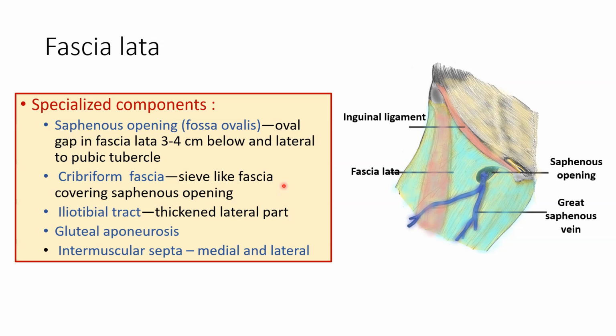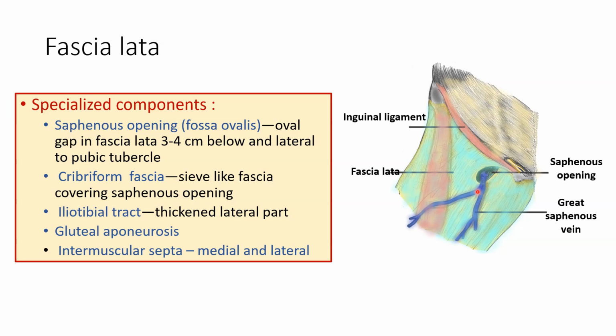Then another one is the cribriform fascia, which is a sieve-like fascia, and it is an extension of the membranous layer of fascia of the thigh. And this cribriform fascia covers the saphenous opening, and it has several openings, perforations, and through it passes the great saphenous vein, which passes through the saphenous opening and pierces the cribriform fascia.